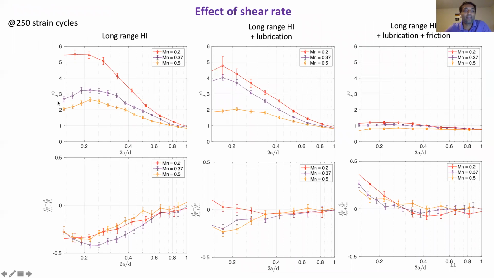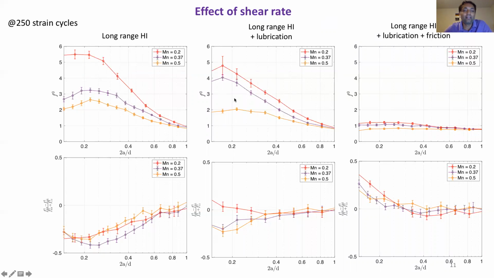We can look at this quantified data, where we are looking at the zeroth-order number density fluctuations as well as the anisotropy factor for the terminal state at 250 strain cycles for the gels produced by all three modules. It is evident that as you increase the strain rate, the number density fluctuations are reducing, indicating that the clusters are breaking up and becoming smaller, and the material is becoming less heterogeneous as you increase shear rate.